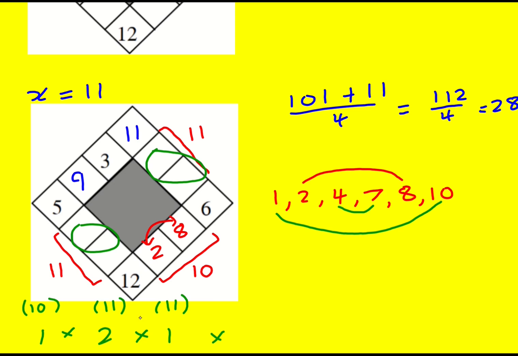So for every configuration I have so far, we can swap the 2 and the 8 around. So I'm going to times by 2 again. But I can then do that with 4 and 7. For every ordering that I have, I can swap the 4 and the 7 around, giving another 2 options. And then finally, there's another 2 options from the 10 and the 1.